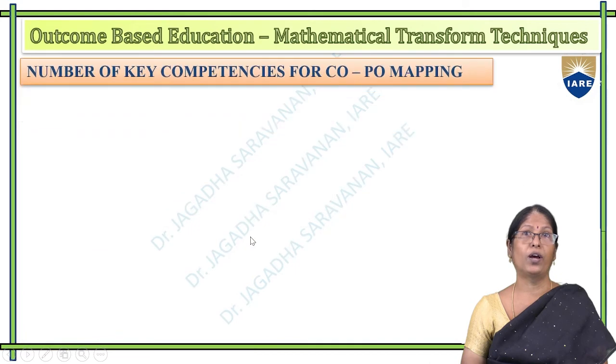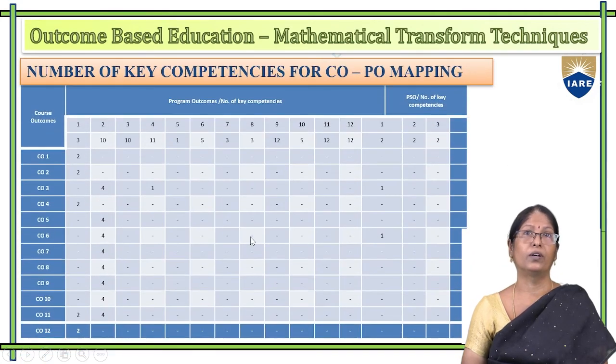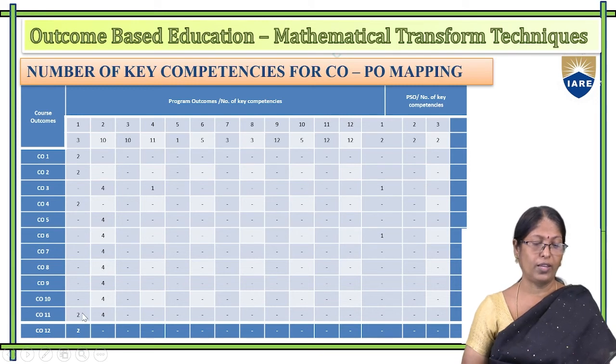The next one, we can see it here easily. Our course outcome 1 is there, and here is the program outcome. It has 3 elements in total. Our CO1 satisfies 2, CO2 satisfies 2, CO4 satisfies 2, and the last, CO11, satisfies 2. The next one is program outcome 2.